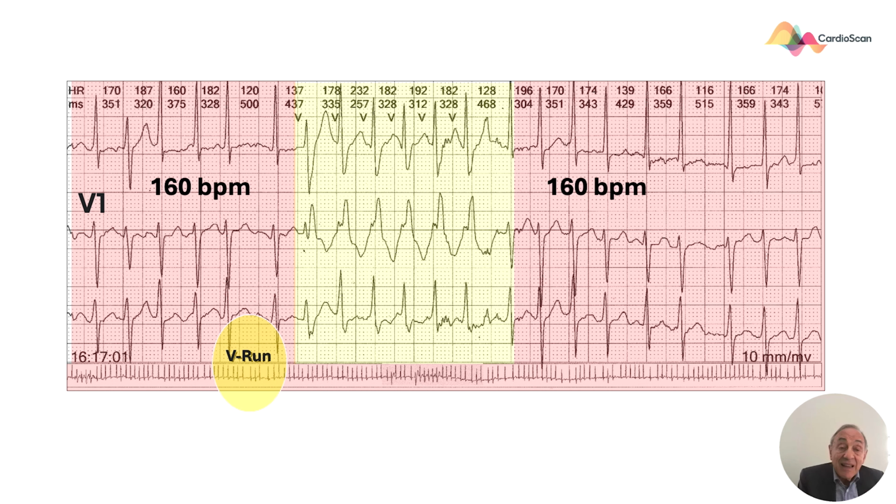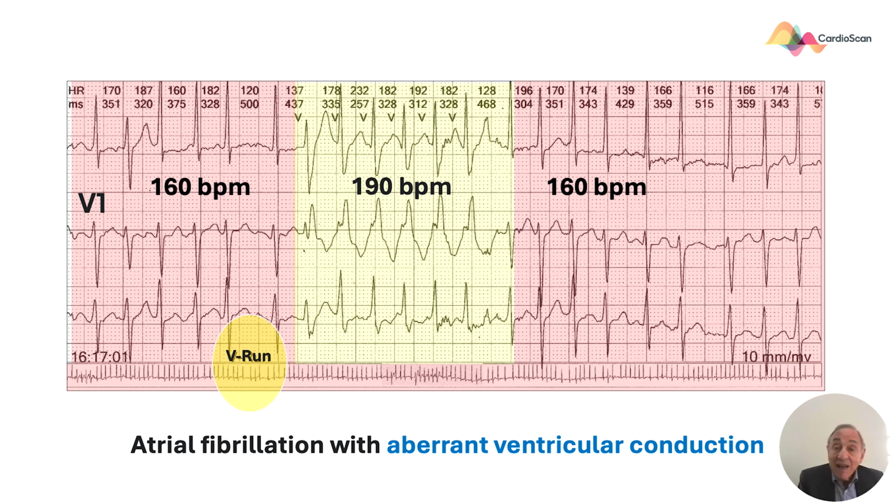However, this has occurred at a faster heart rate of 190 rather than the average of 160 with the atrial fibrillation, and is not ventricular tachycardia, but rather is atrial fibrillation with aberrant ventricular conduction.